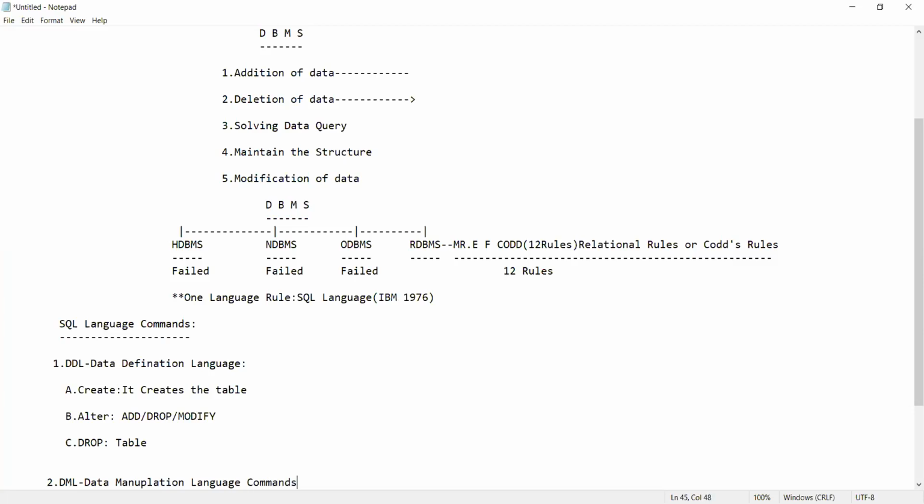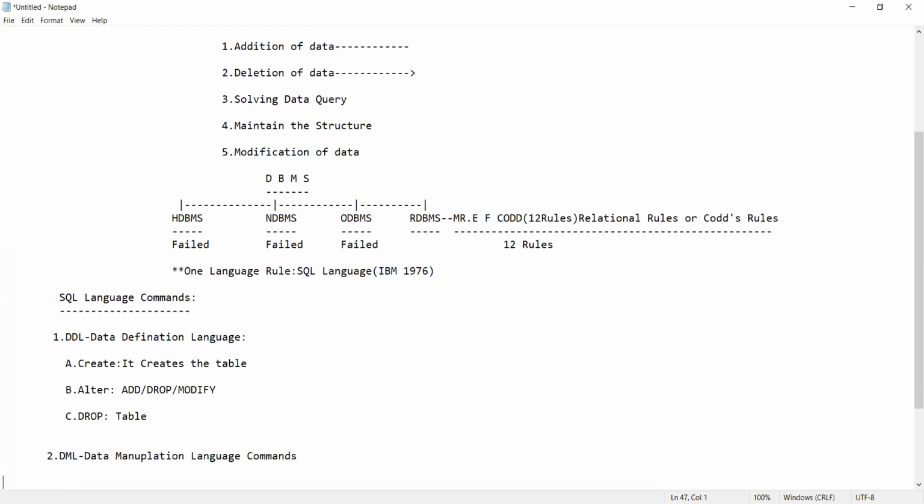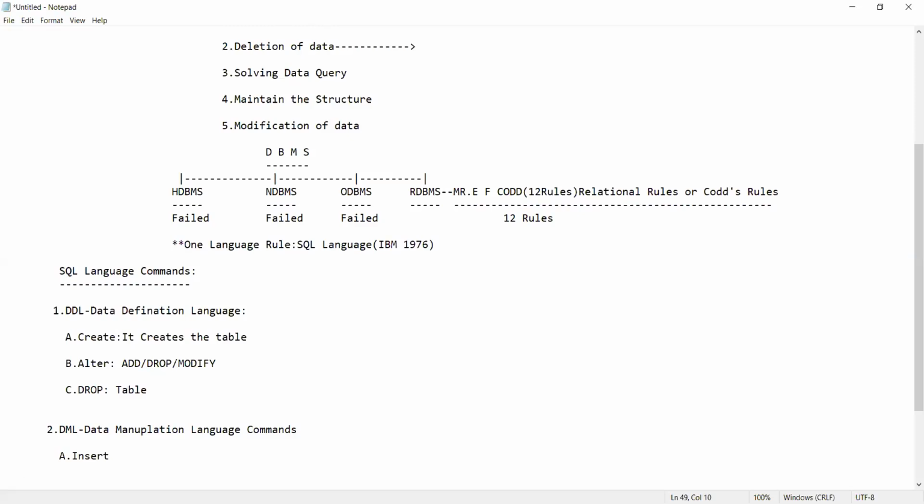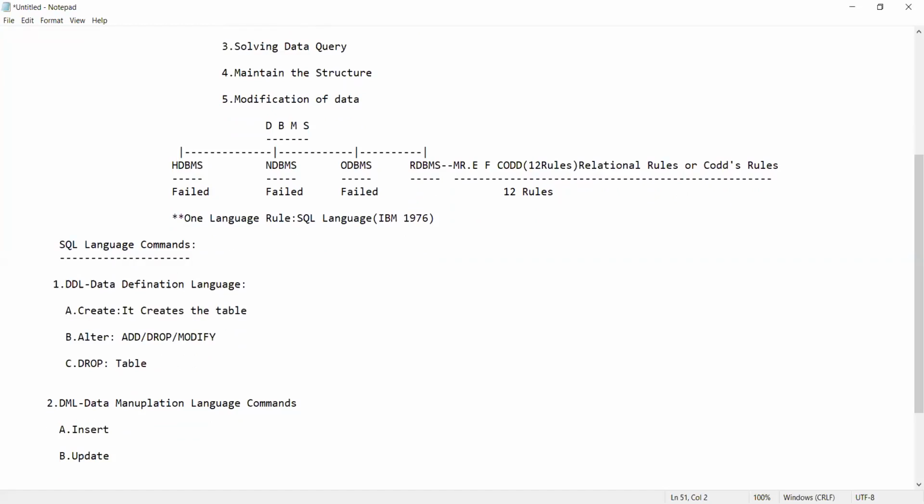DML is provided with three subcommands: Insert, Update, and then the third one, Delete. Three subcommands only.